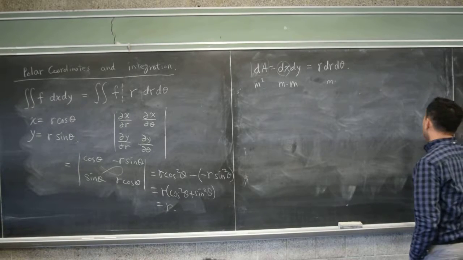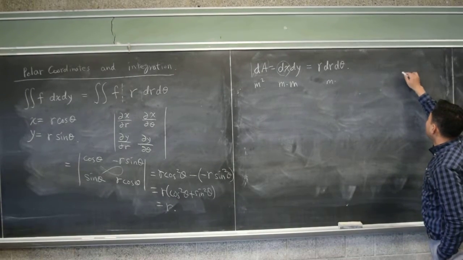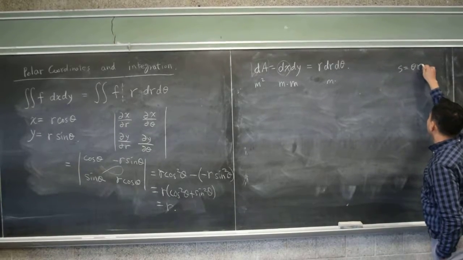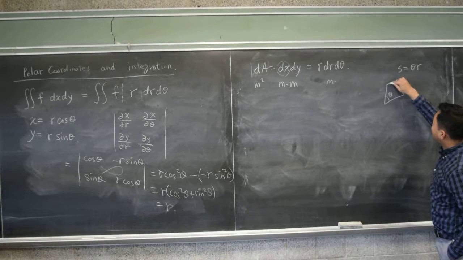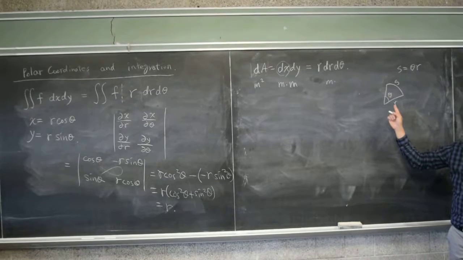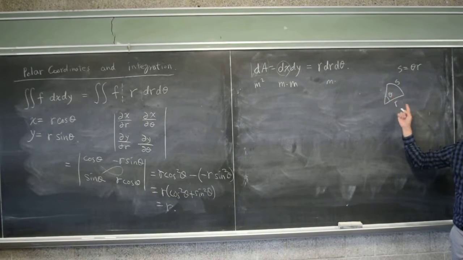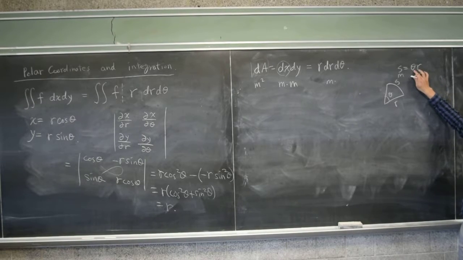That's because when you use radians, you often use this formula: the length of an arc is the radius times the angle measured in radians. And because this is meters and that's meters, this has to be dimensionless.